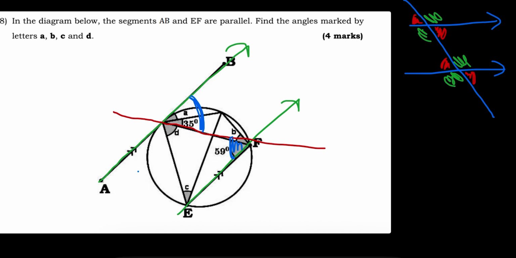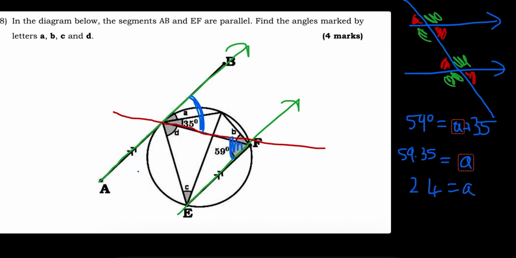So this fact tells us that 59 degrees equals A plus 35. So A will be 59 minus 35. 9 minus 5 is 4, 5 minus 3 is 2. So A is 24. Okay, that's a good start.